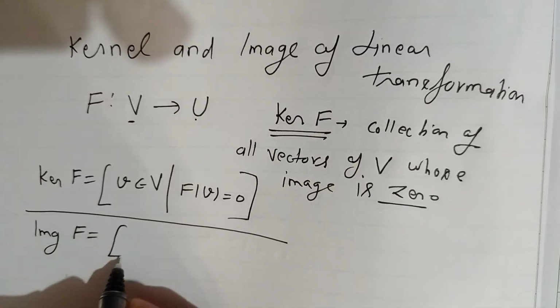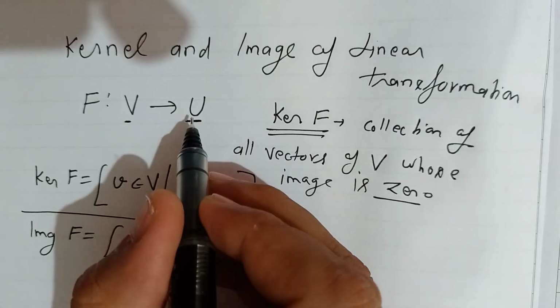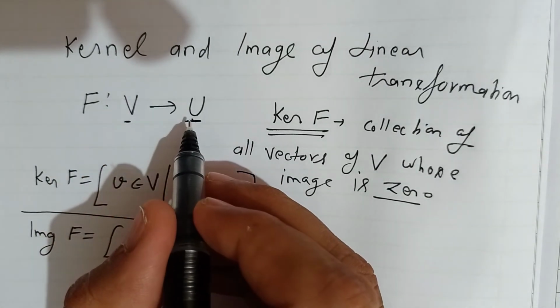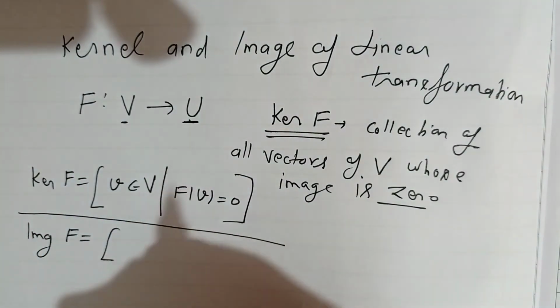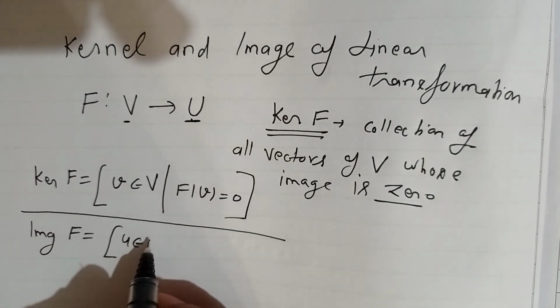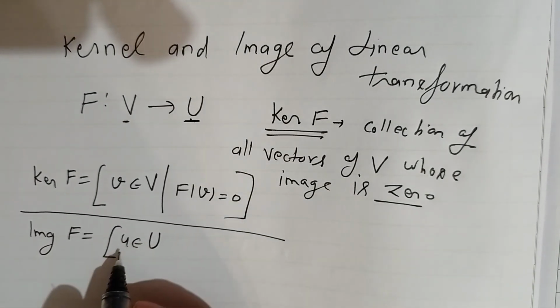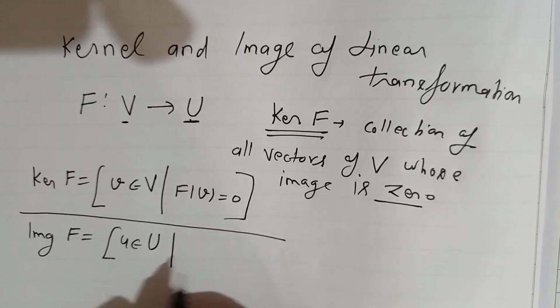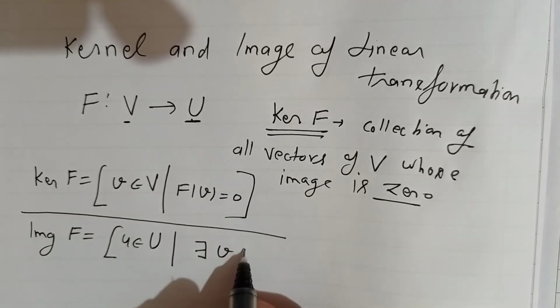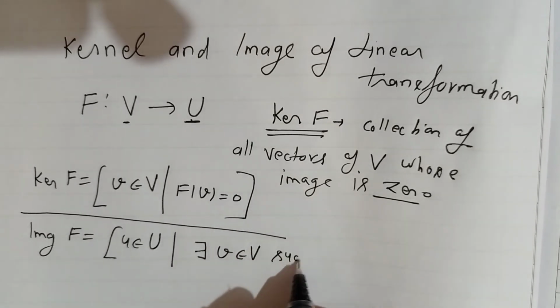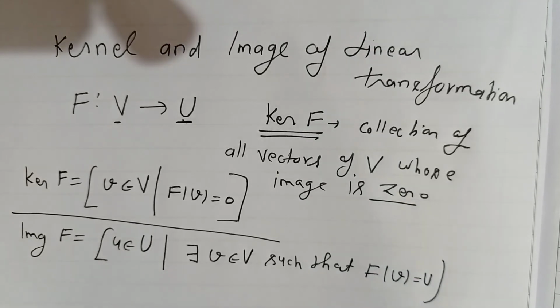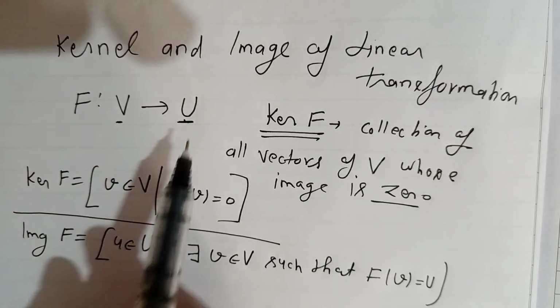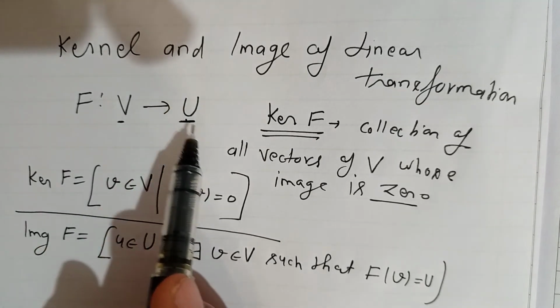Fine. So this is your kernel of f, and in the same way we can define the image of f. Image of f is the collection of all the elements of U which have a pre-image. It means for each such element of U there exists an element in V such that f of v equals u.